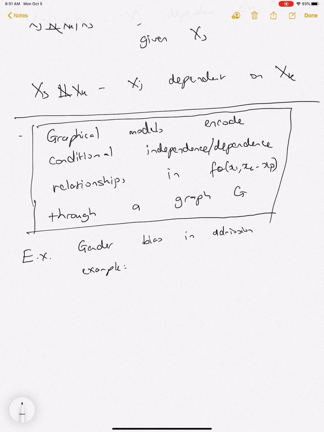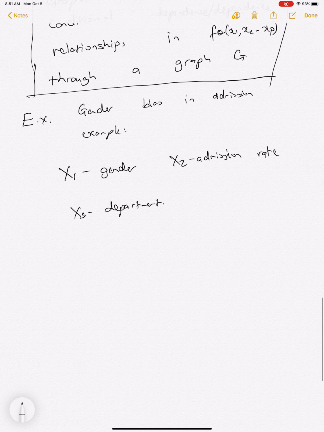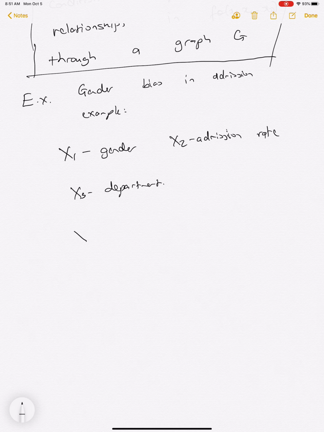And what we had there was x1 was the gender, x2 was admission rate, I guess, and then x3 is the department. We know that we had that x1 was actually independent of x2 given x3, but then we had that x1 was actually dependent on x2.